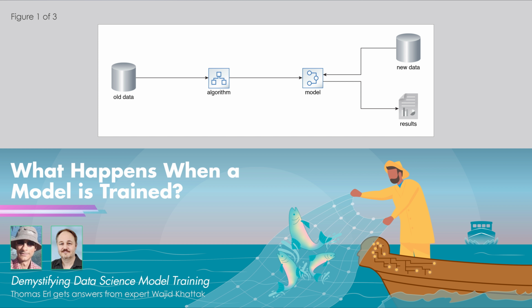Last question, Wajid, for today. The process of training. From what we've learned from you so far about how the algorithm relates to the model, how they work together, it's about taking data and processing it in a manner so that we get intelligence from that data relevant to our problem.